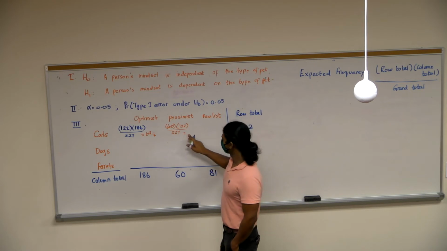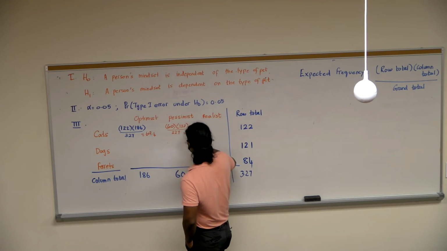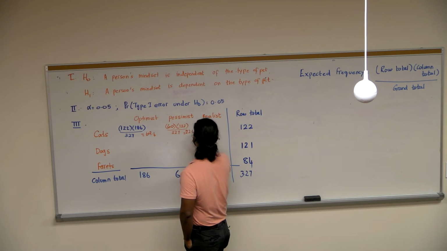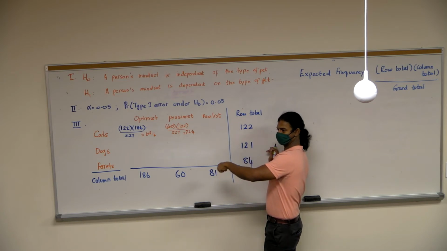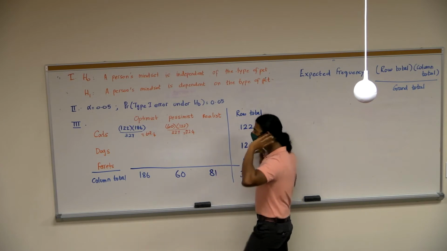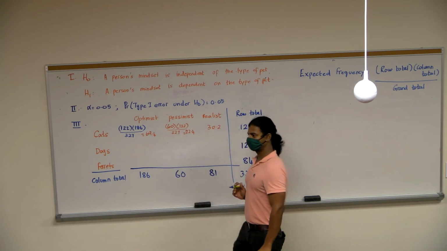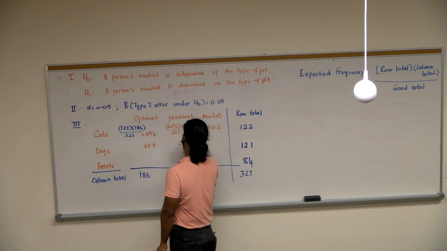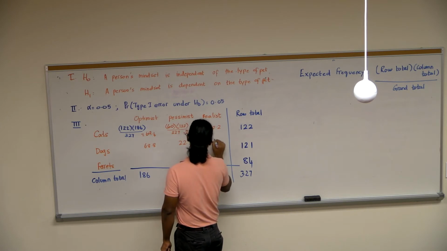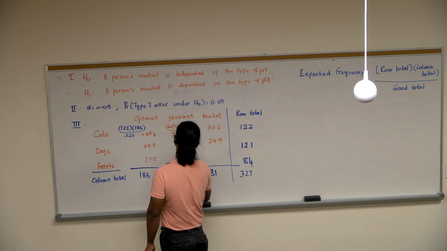So, what did you guys get for that cell? 22.4? Just 22.4, or 22. Okay. 30.2. 68.8. 22.2. 29.9. 47.8. 15.4. 20.8.